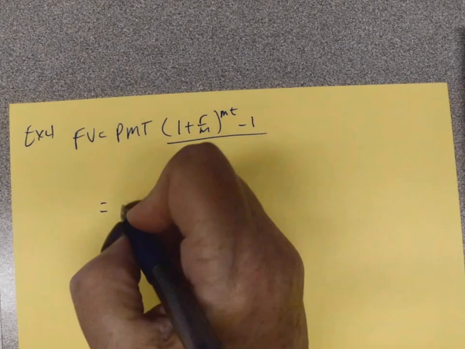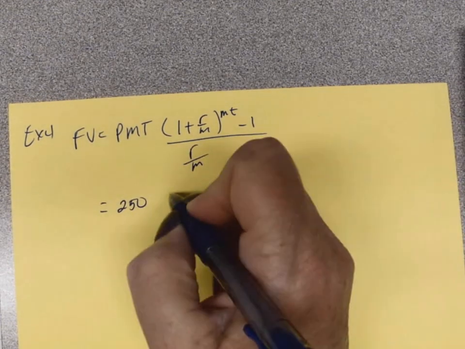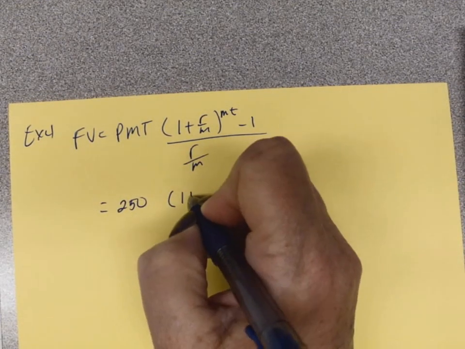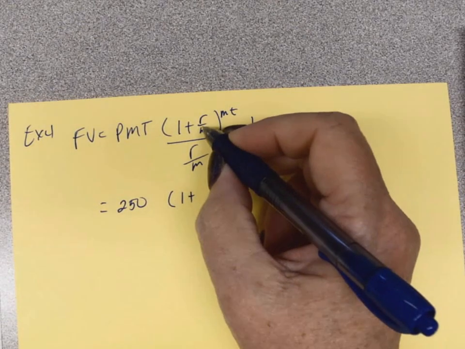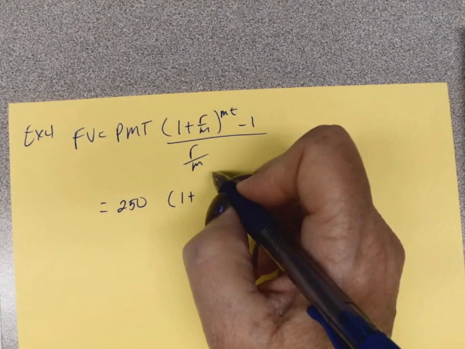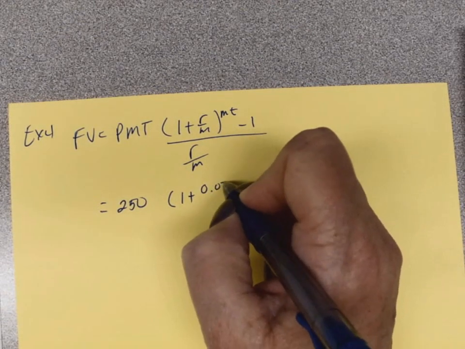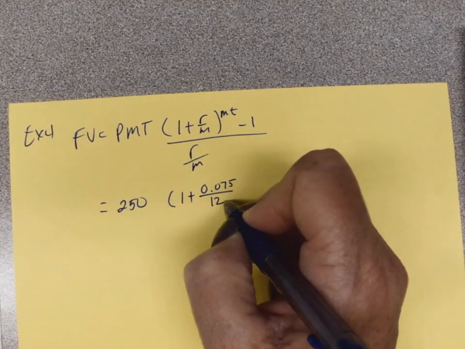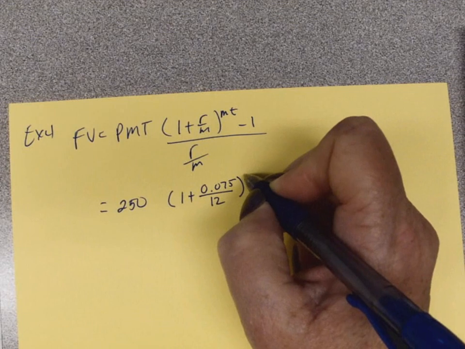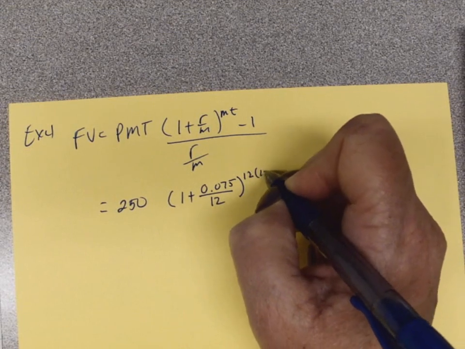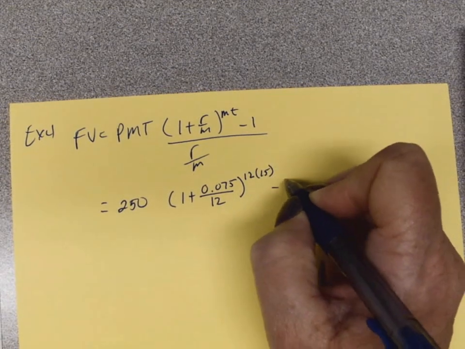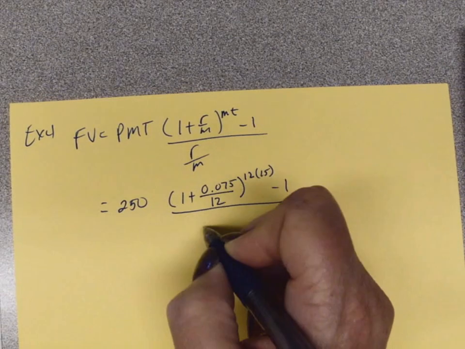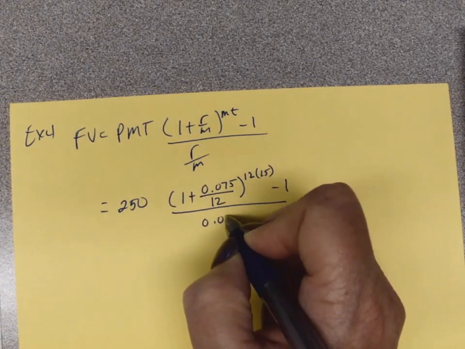Our payment is $250. And then we have 1 plus, our rate was 7.5%. So again, as a decimal, 0.075, divided by monthly, which is 12, raised to the monthly times 15 years, minus 1, divided by that R over M.